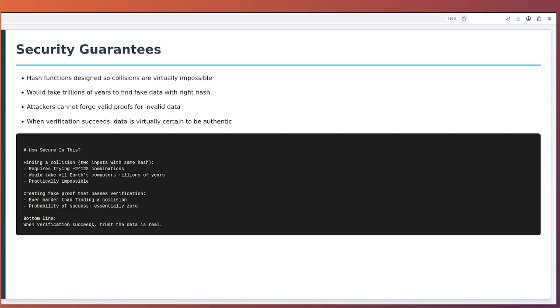It would take all the computers on Earth millions of years. This means an attacker can't create a fake transaction that produces the right hashes. They can't forge a proof that passes verification. When verification succeeds, you can be virtually certain the data is authentic. The probability of a false positive is so tiny it's essentially zero.